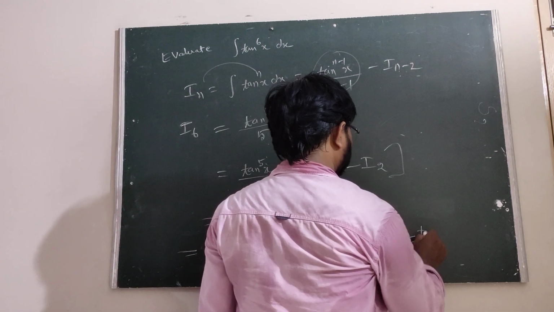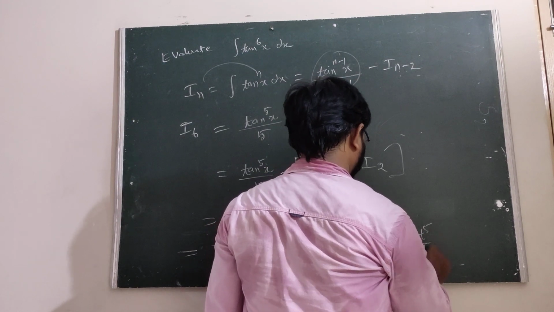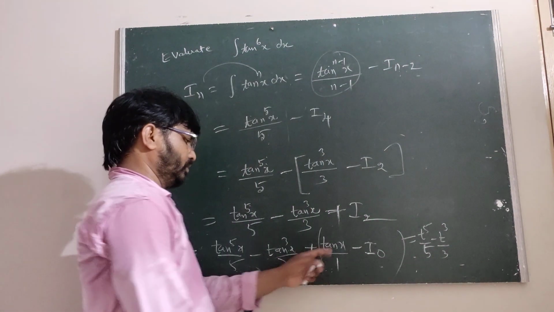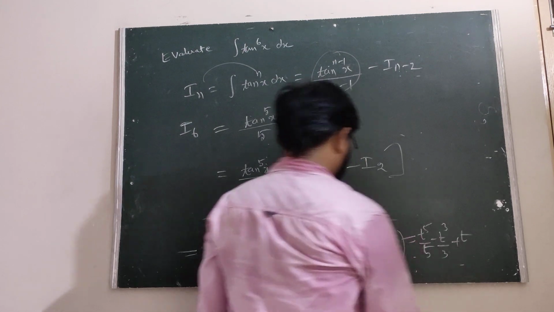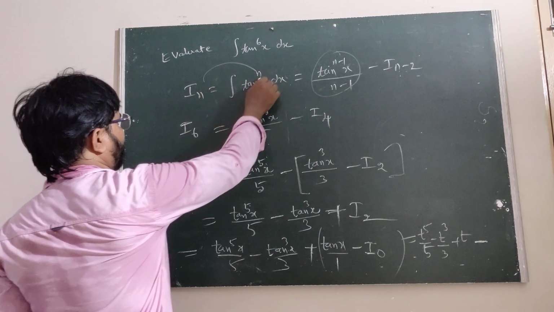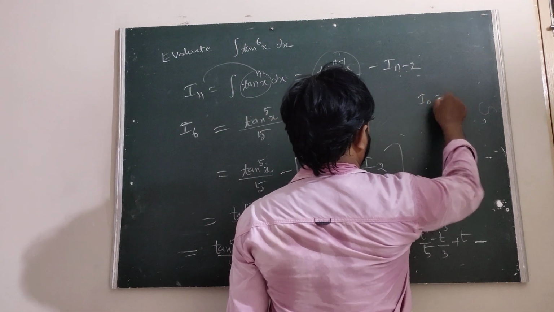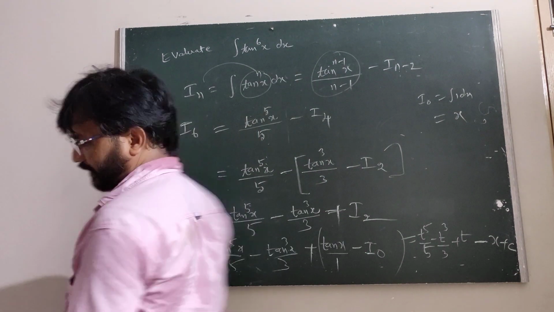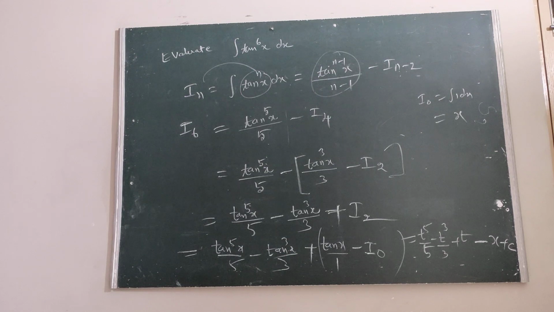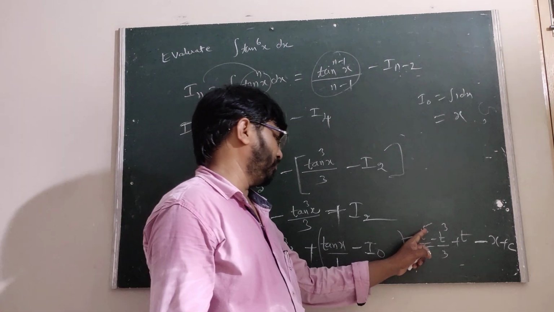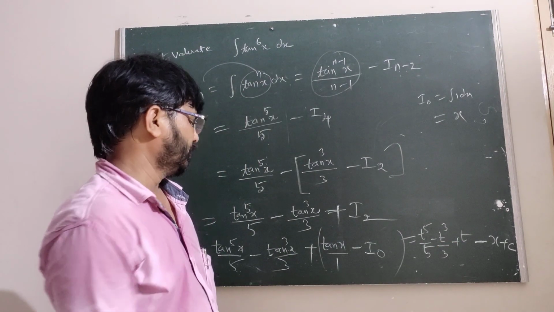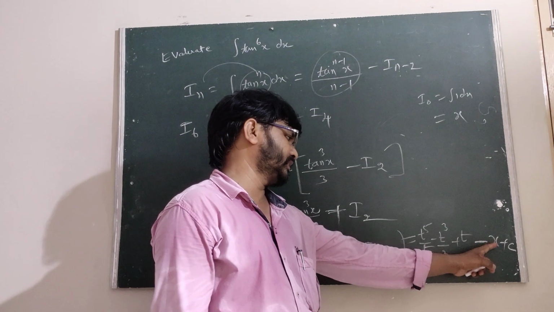Now this is tan power 5x by 5 minus tan cube x by 3 plus tan x minus I0. I0 is the integral of 1 dx, which is x plus c. Is it clear?